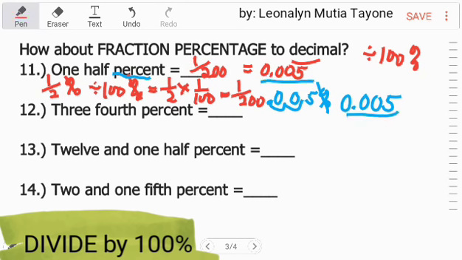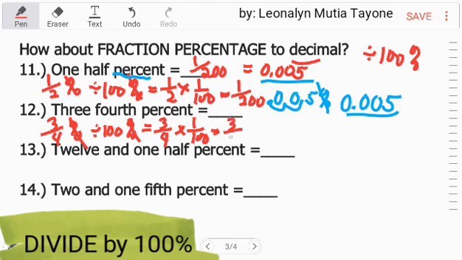Example number 12, 3/4%. Again, mag-divide tayo ng 100% para ma-cancel out si percentage sign. Ma-cancel out na siya. So, this is 3/4. Si division maging multiplication at reciprocal ng divisor ay 1/100. And this is 3/400.